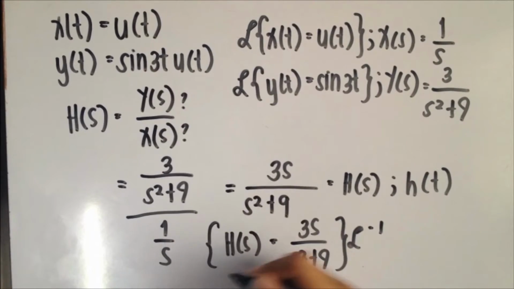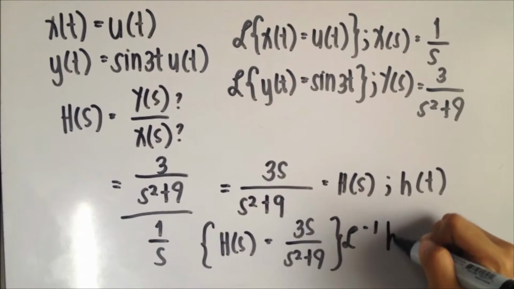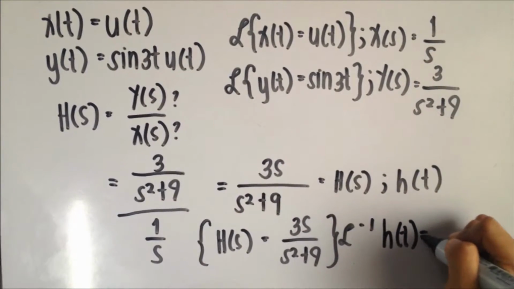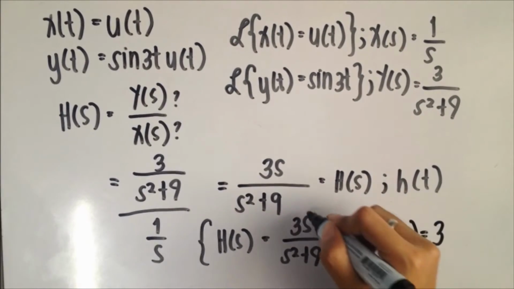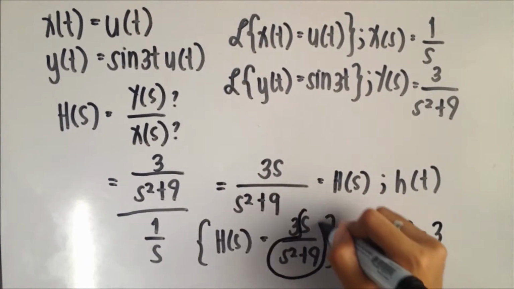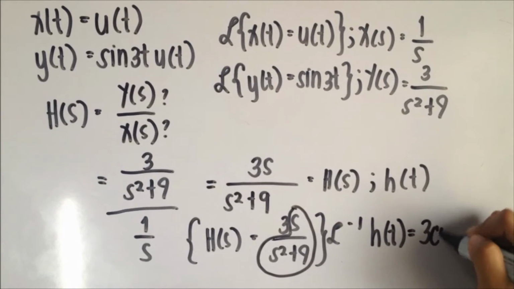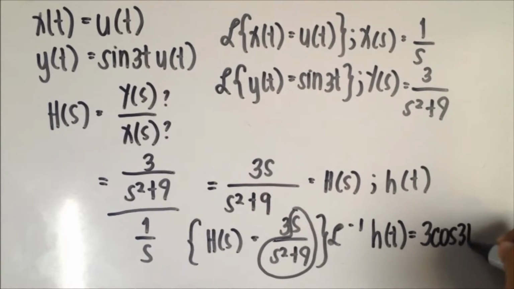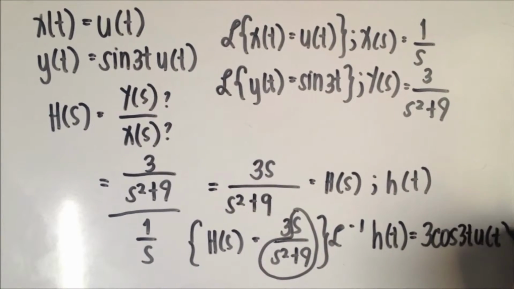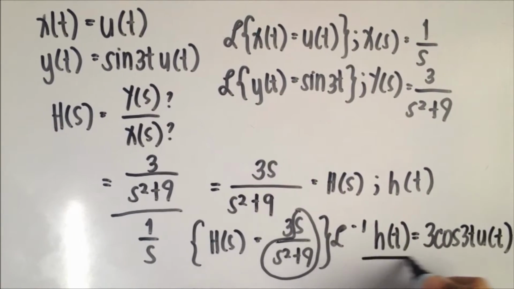H of t will be equal to 3 times s over s squared plus 9, which is equivalent to cos. So it's going to be 3 cos 3t u of t. So that's going to be our final answer for the transfer function.